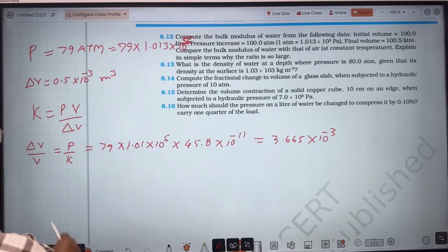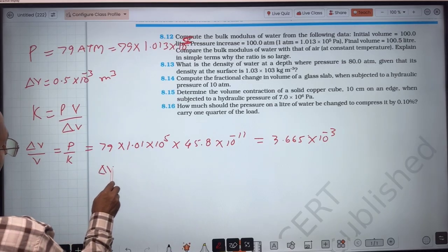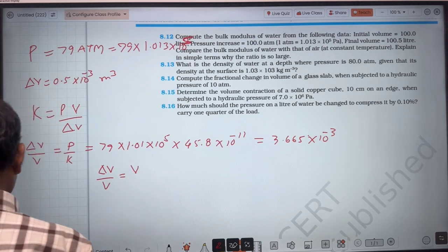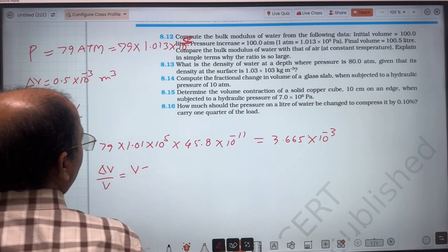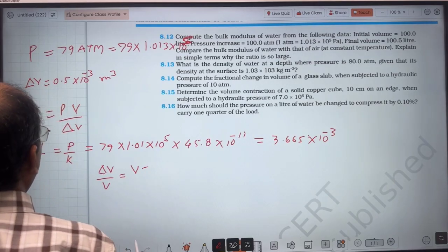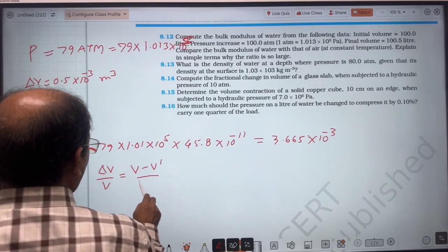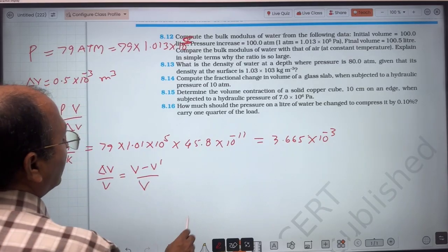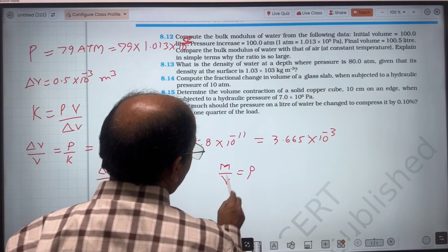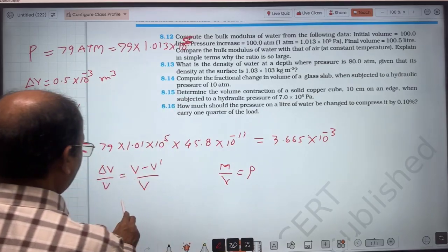Is it okay? So we have got the value of delta V upon V, but let's analyze this. Delta V upon V is V dash minus V. The original volume will be larger because at depth density will be more. So it is V minus V dash divided by V. If you remember, mass upon volume equals density, so V will be mass upon density.